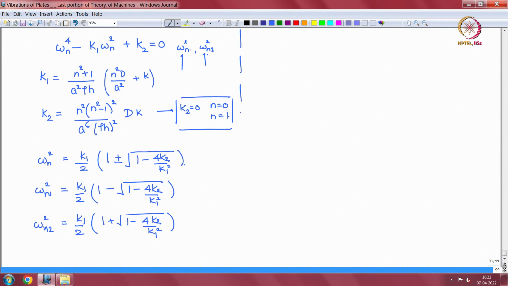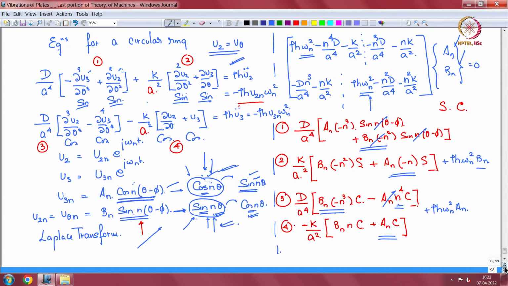Now let us look at this term over here. So before I proceed, I should comment here that this matrix and this vector equated to 0, that is problem solved.